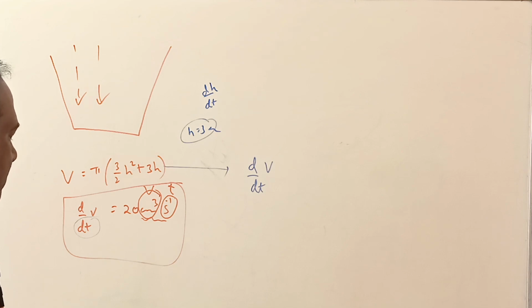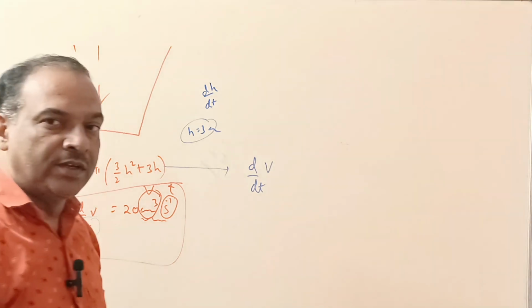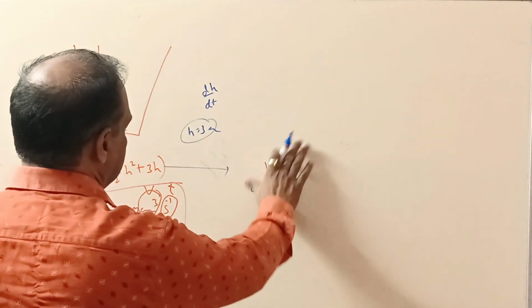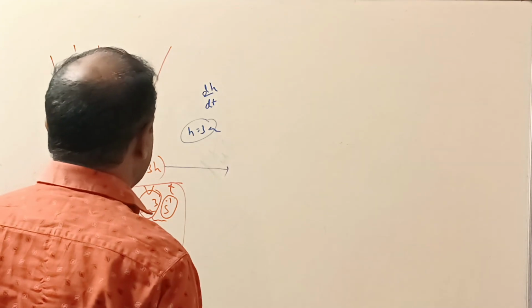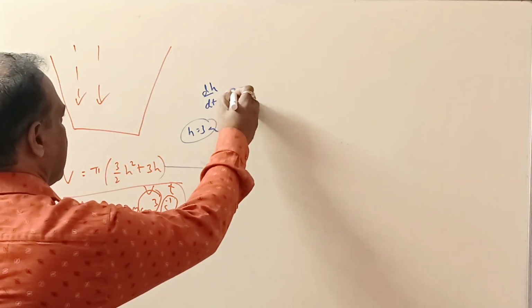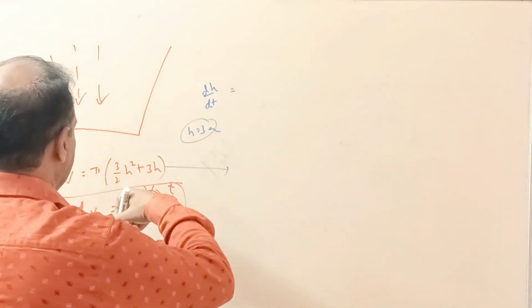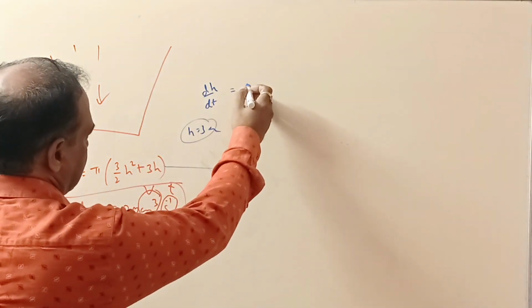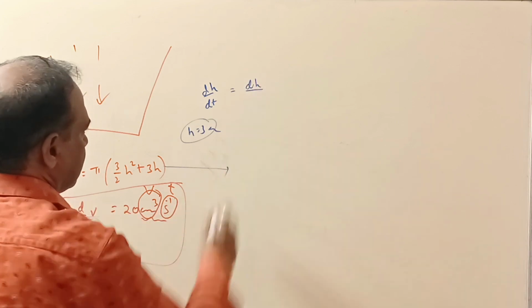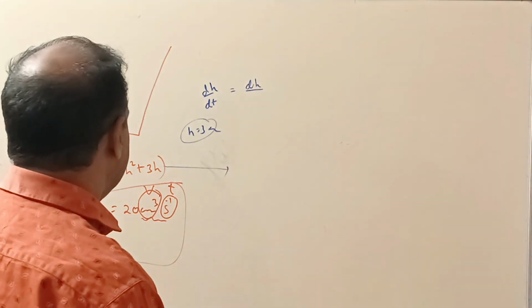Then it means that there is some fault in the thing. Now how can we proceed? We know that we want d by dt of h, and how can we do this? We can say that this is dh over dV.